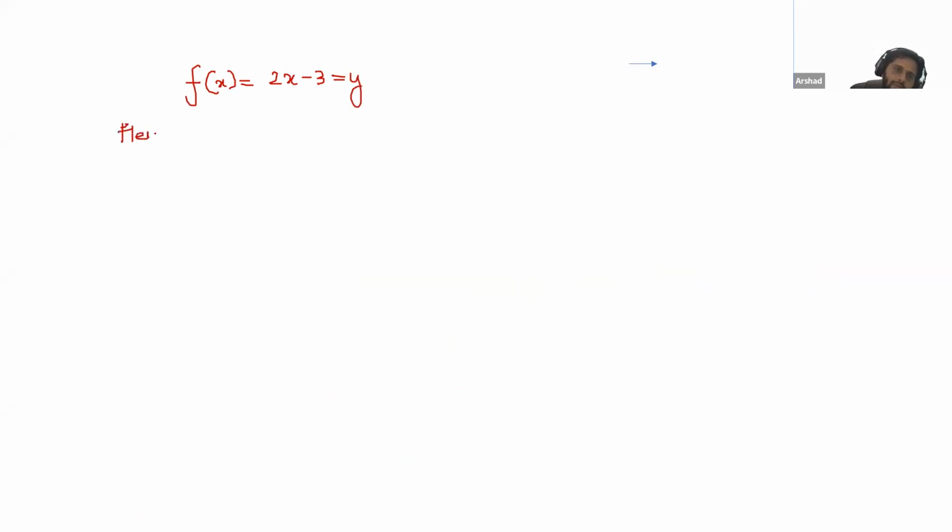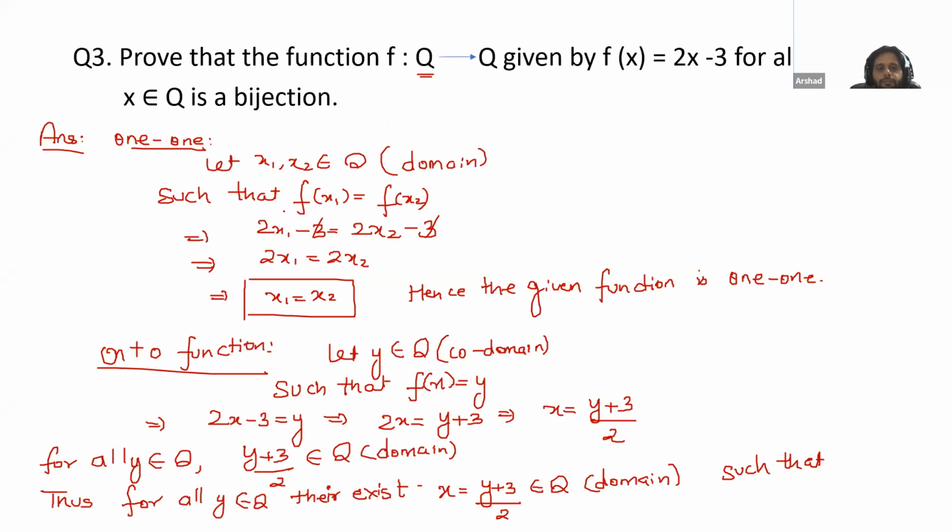Hence the given function is onto. Okay. Now please check here. So what we are saying, for all y belongs to Q, Q means this is the codomain. The (y plus 3) by 2 should belong to the domain. This is equal to x, and x belongs to the domain.